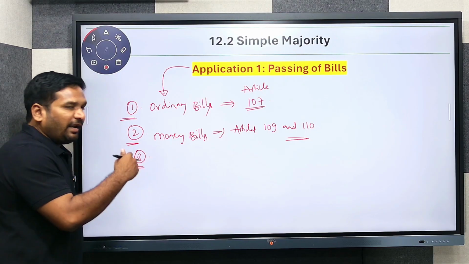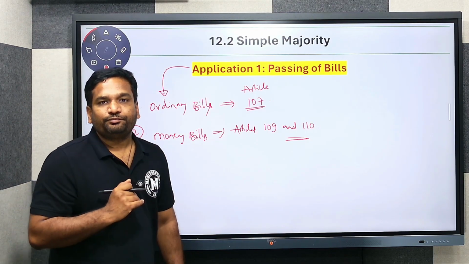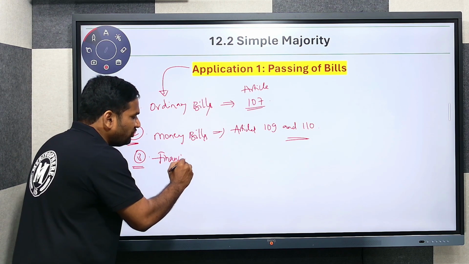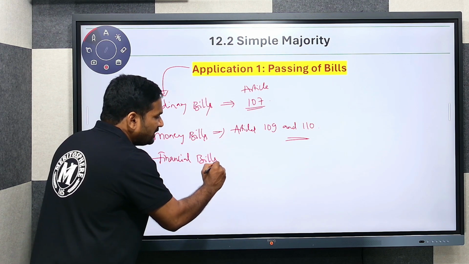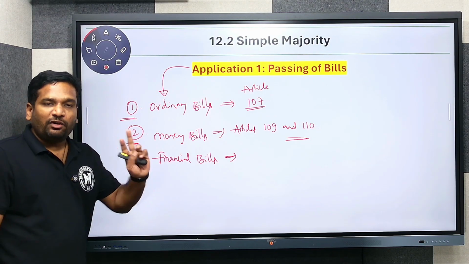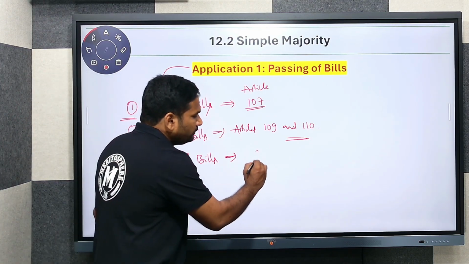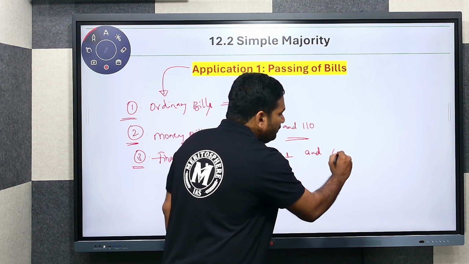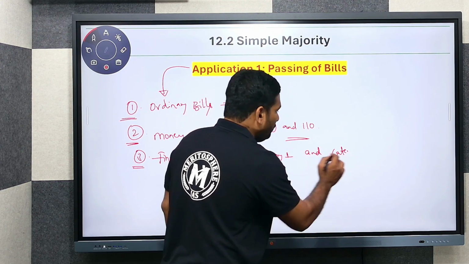Right. So there are other bills, known as financial bills. These financial bills are of two categories. What these categories are, we are going to look into in volume 2.